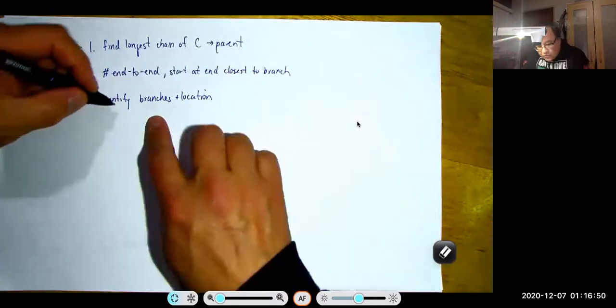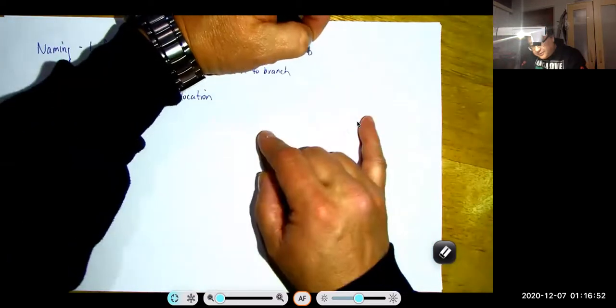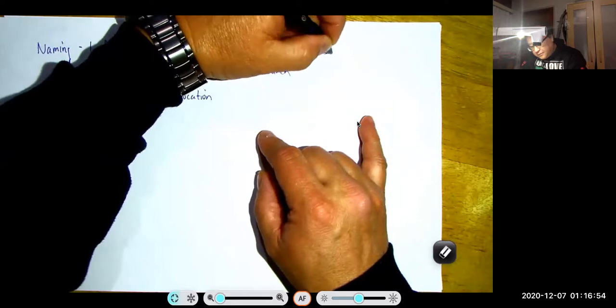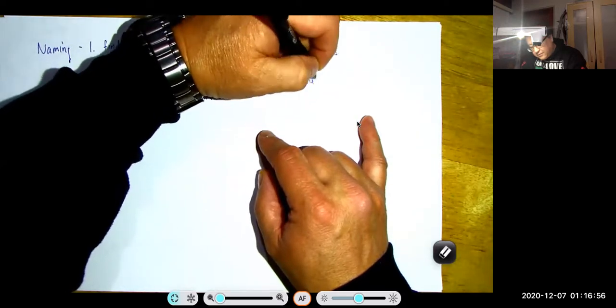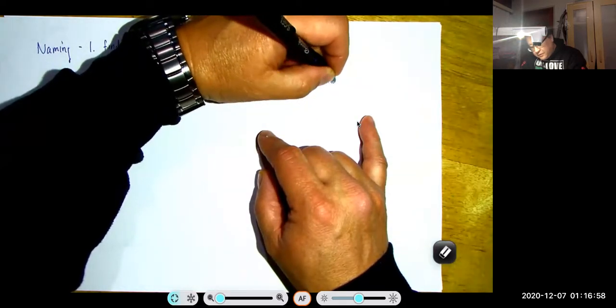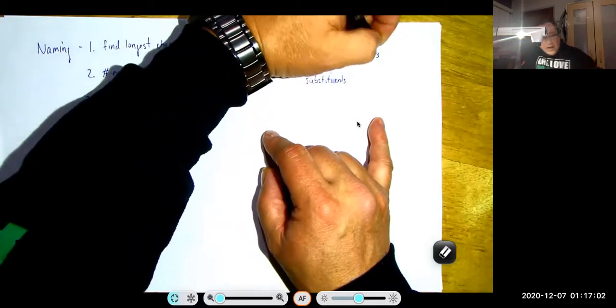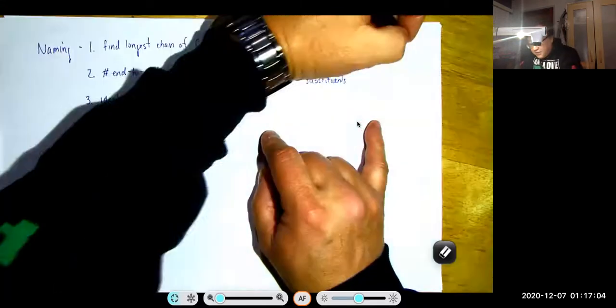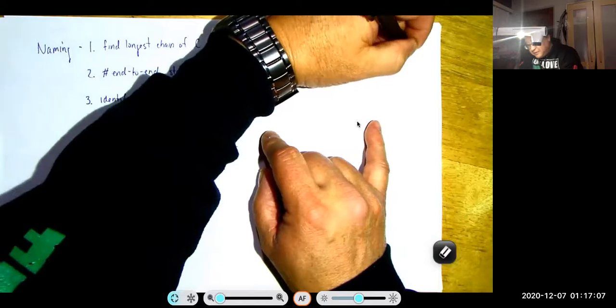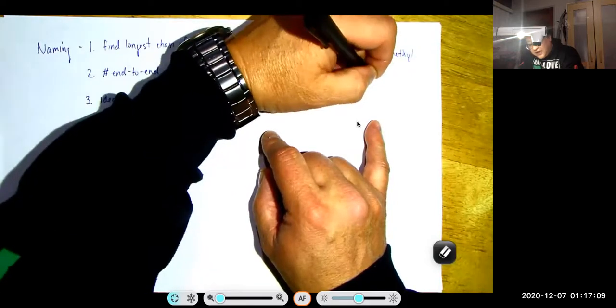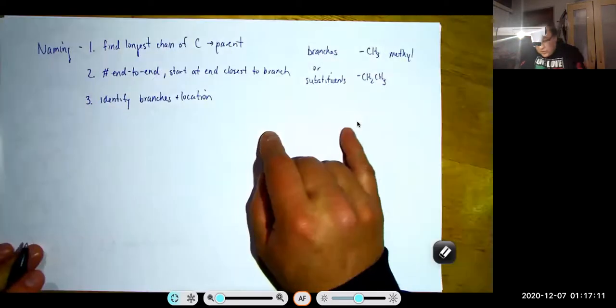These branches are also called substituents. If you have a CH3 as a branch, it's called a methyl. If you have a CH2CH3, it's called an ethyl.